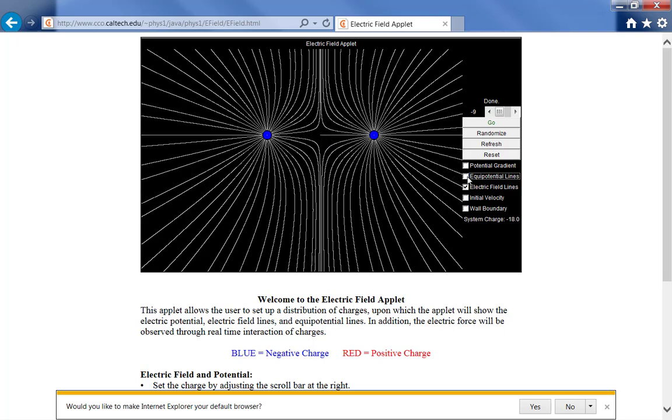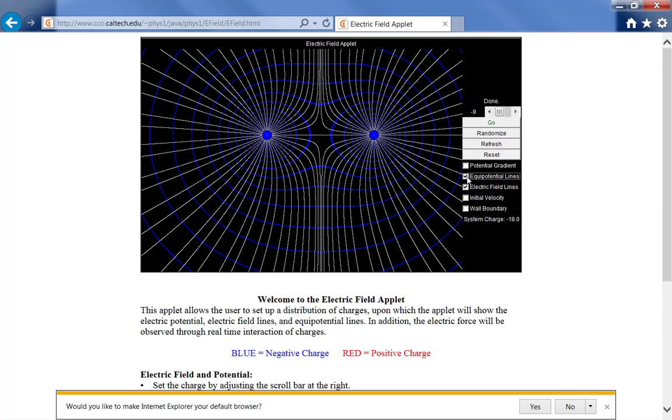If I turn on potential, is it going to 0 here? No, it is not. What we see is we have the individual rings surrounding each charge individually, but then at some point the potential becomes equal for the two. And we get this line, and then it goes out from there.